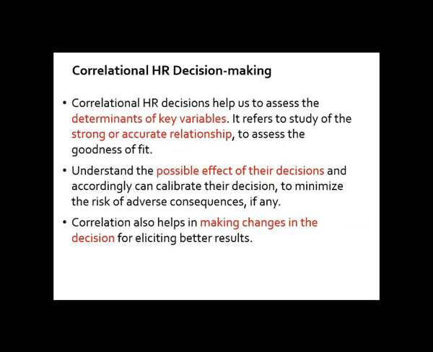For example, take two variables, job commitment and employee engagement. Naturally you will get a high correlation. Pay increase and employee engagement, again a positive correlation. Correlation always varies between -1 and +1.